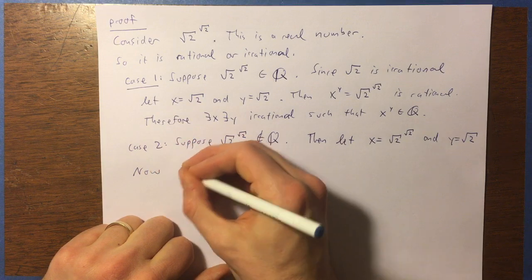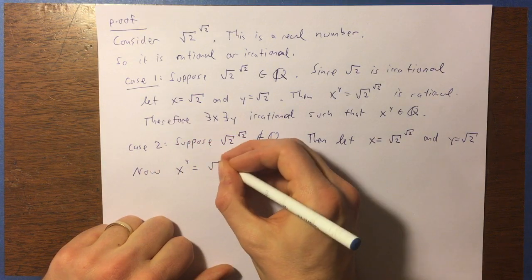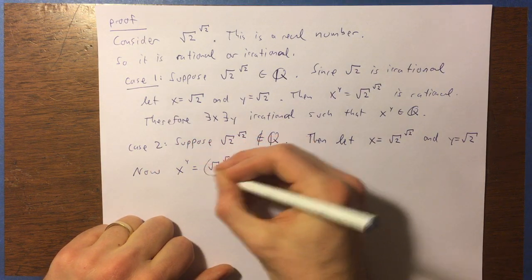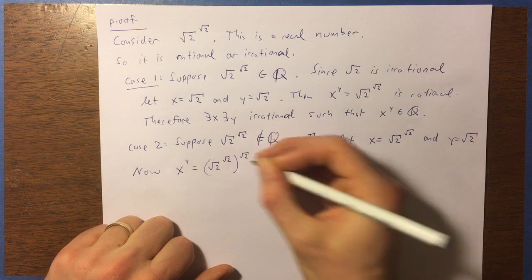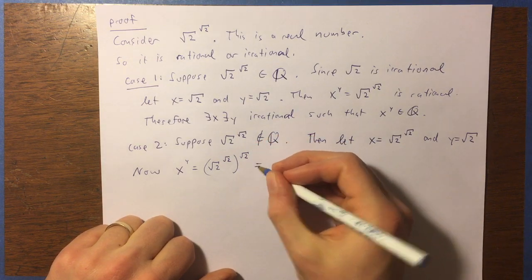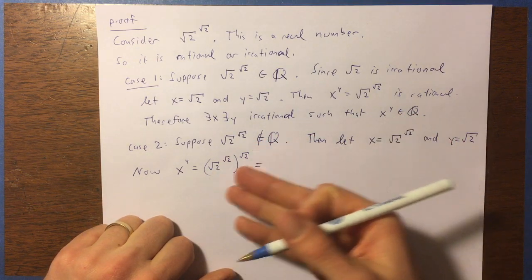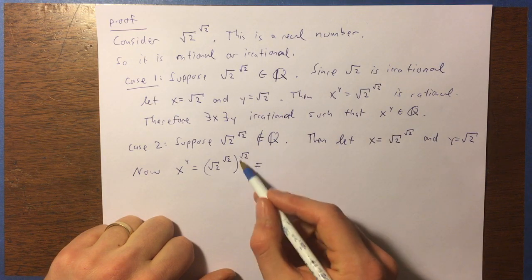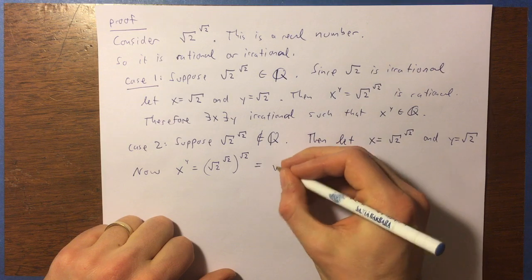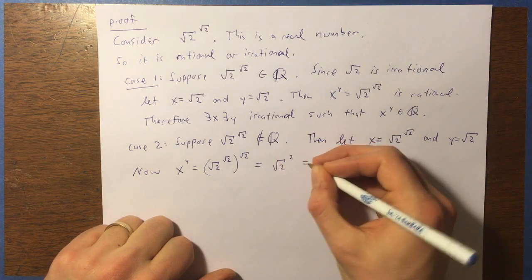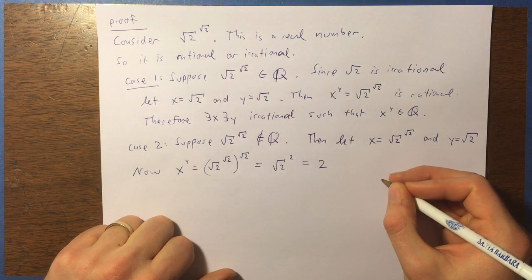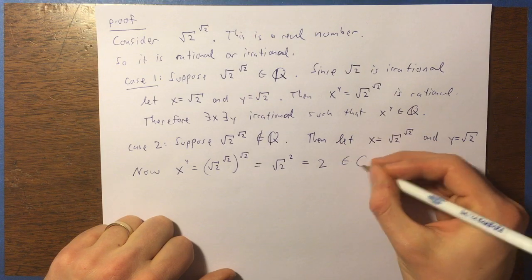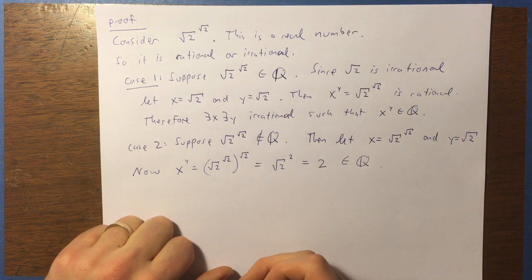Now, if we look at x to the power y, we have the square root of 2 to the power square root of 2, and then all of that to the power square root of 2. You may recall that a rule for exponents combined in this way is that you multiply these powers together. And the square root of 2 times itself is 2. So this is the square root of 2 squared, which is 2, which is an integer, and is therefore a rational number.